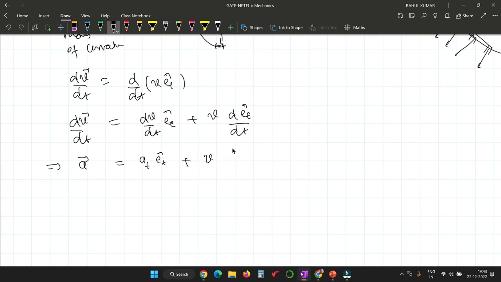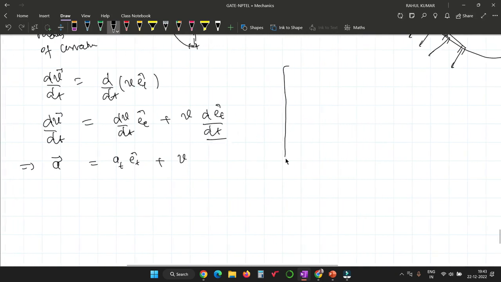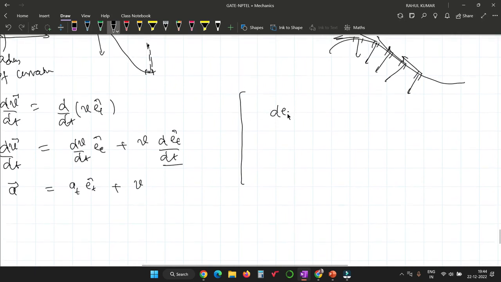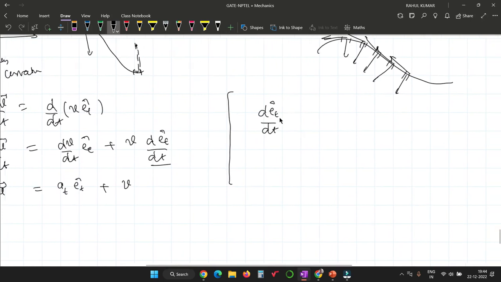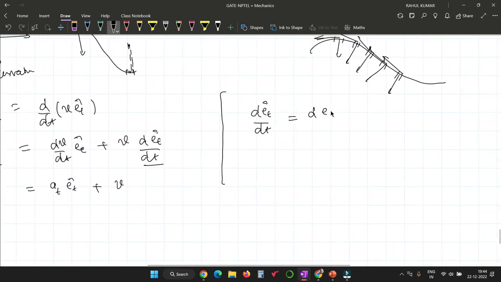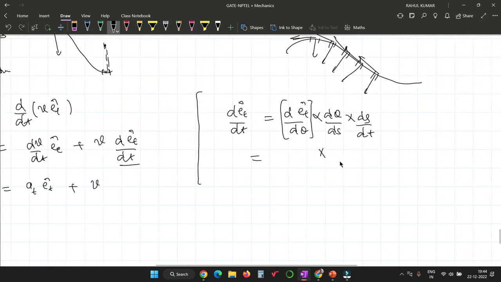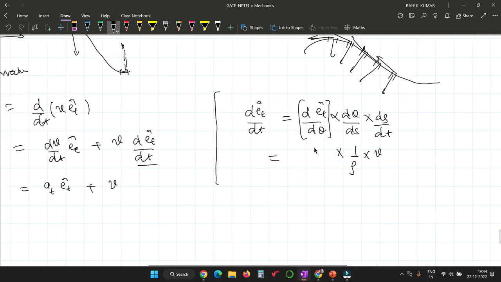Now here it is a catch. What will you write for d Et by dt? When you want to determine d Et by dt, you have to use this. Can you tell me what this is? Is the first one minus En?